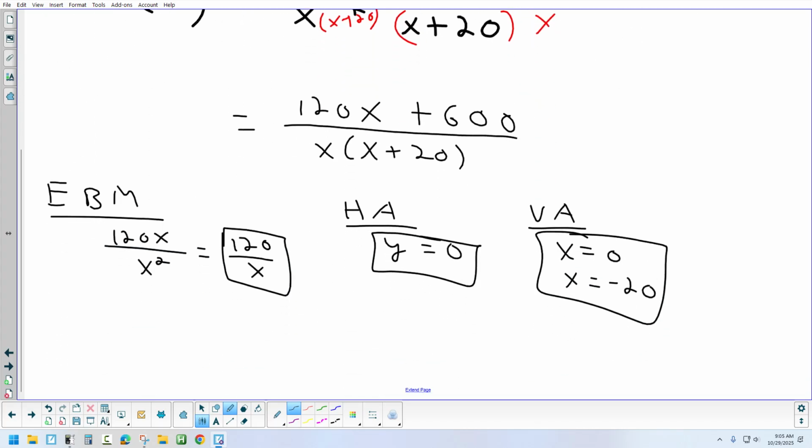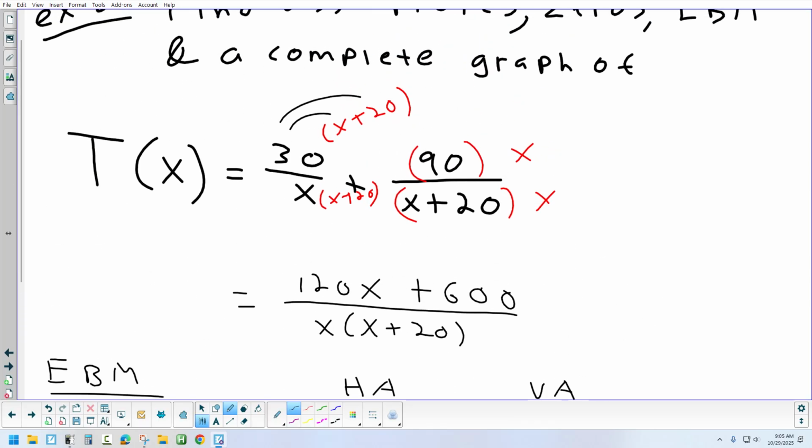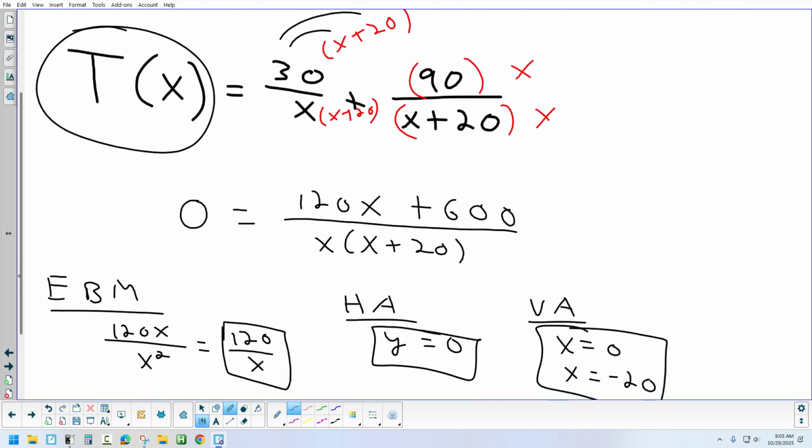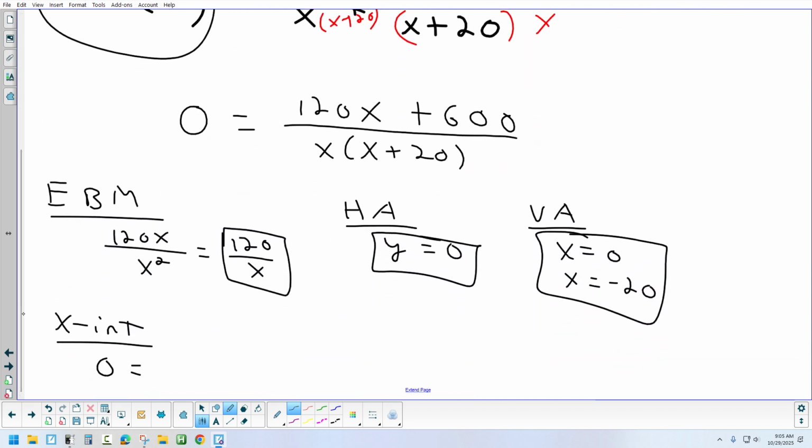Yes. So when we find the x-intercept, remember this is your y. That's your dependent, the time. So set this equation equal to 0 and solve. Well, the only way that that's ever going to be 0 is if the top is 0. So just figure out when the top is 0. So 120x plus 600.